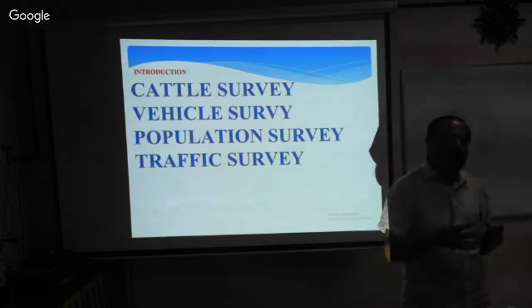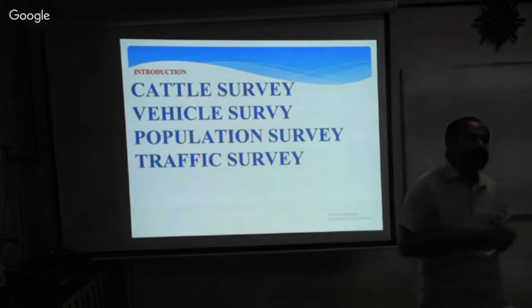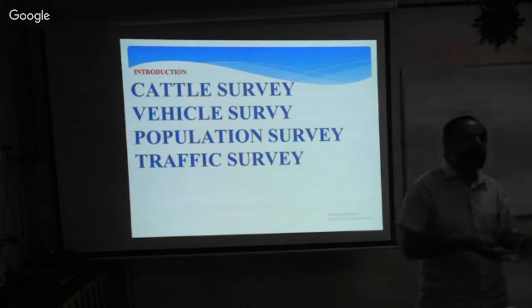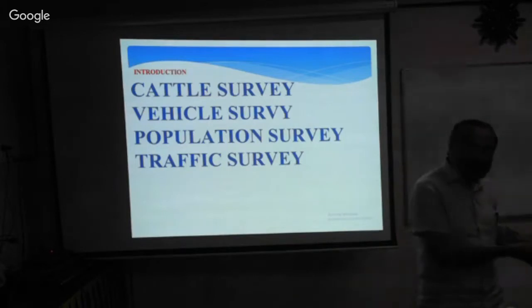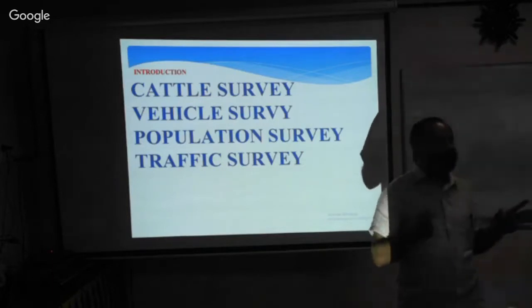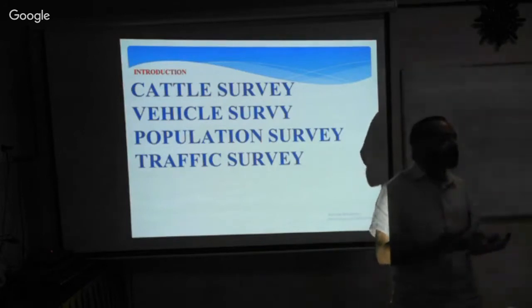To do that, we need so many data, so much information: the ground data, ground undulations, and also the type of soil available. That is also a kind of survey. Exactly, the meaning of surveying is collecting the information.